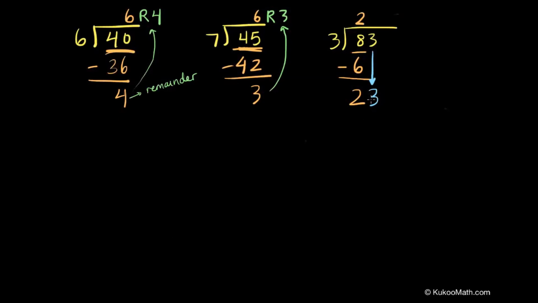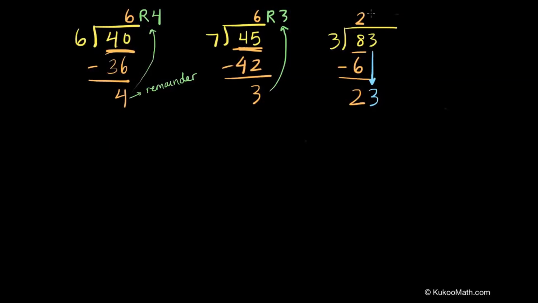We bring down the 3, and so now we have the number 23. Now we're looking at how many times we can put 3 into 23 without going over 23. If you remember the multiplication table, you'll remember that 3 times 7 is equal to 21. So that seems to be the closest we can get.